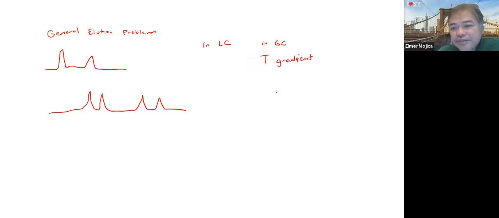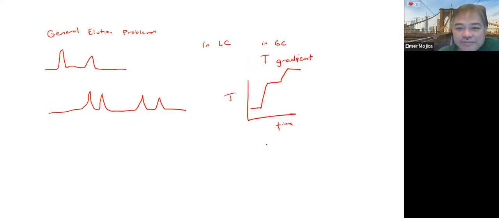So that means with time, we might make it like ganyan, tapos tataas, tapos ganyan, tapos tataas uli. So this is the temp and this is the time. So in GC, usually we use what? Temperature gradient. And the separation is much better.